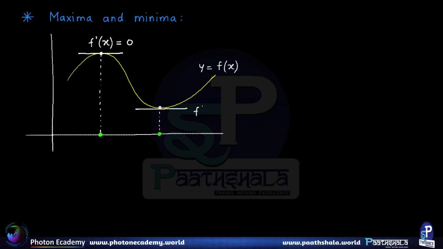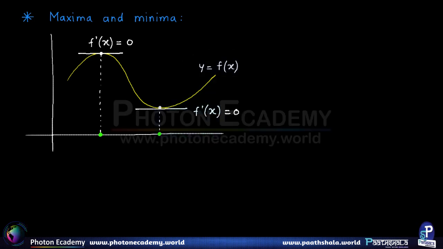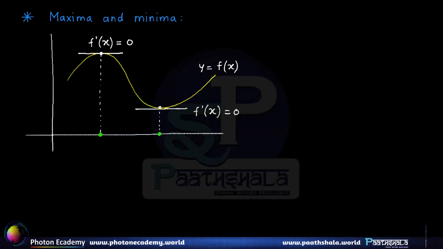So whether it's a point of maximum or the point of minimum, the derivative will be 0 for both of the cases. So how do we differentiate between whether that's a point of maximum or a point of minimum, right? To do that we have two tests which we call the first derivative test and the second derivative test.